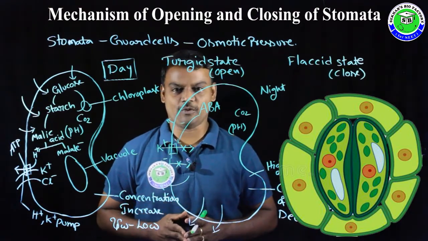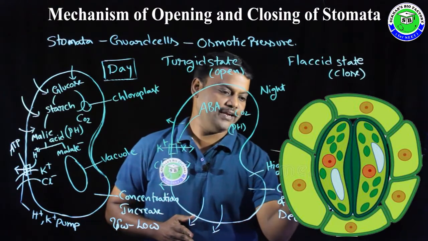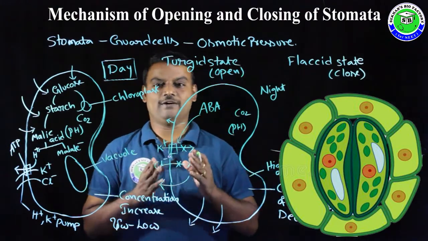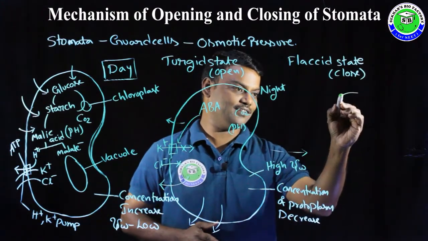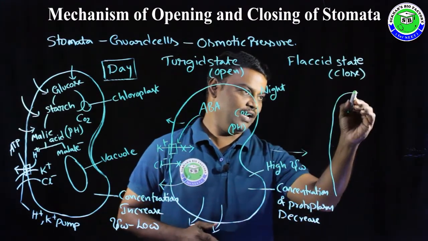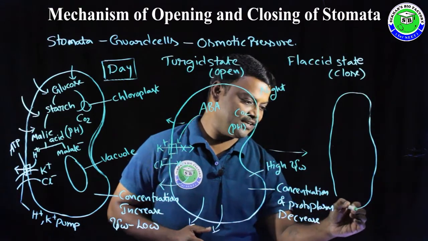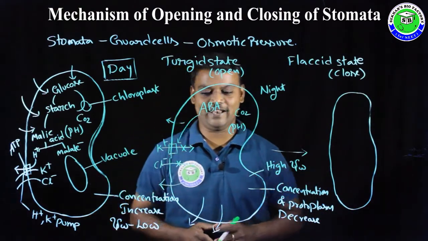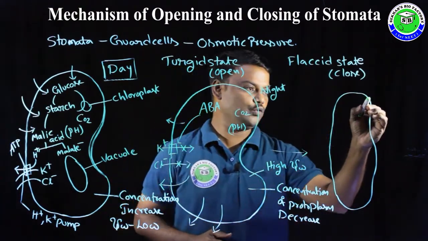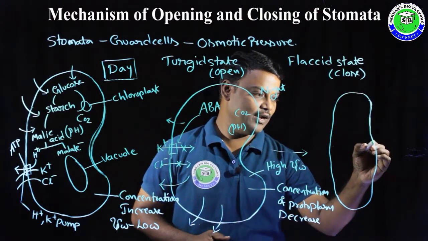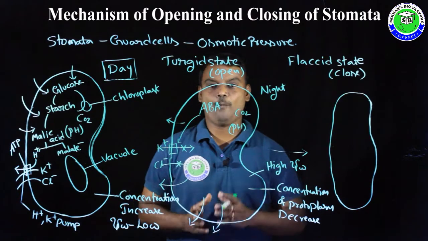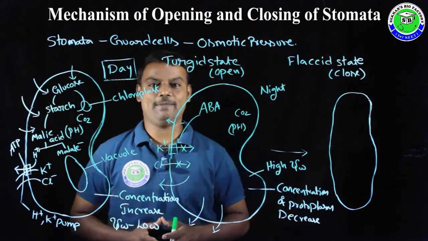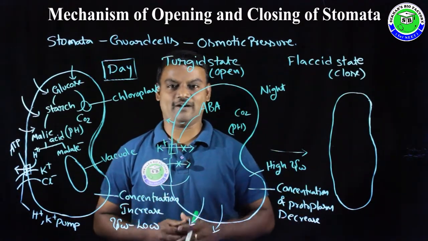Due to this exosmosis, gradually the guard cell gets a flaccid state. When it gets a flaccid state, the size of the cell decreases, and due to this flaccid state, gradually the stomata will be closed. In this way, the opening and closing mechanism can be observed in stomata.